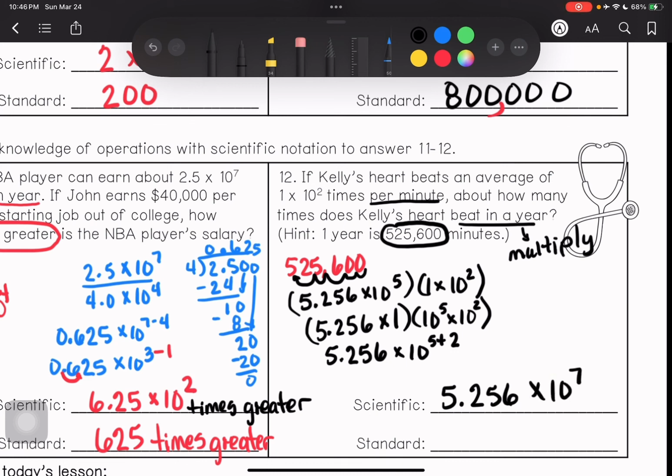And in standard form, I'm going to move my decimal 7 times to the right, which means I have to add 4 more zeros. And you just go ahead and put a comma between every third number. So your answer is 52,560,000 beats.